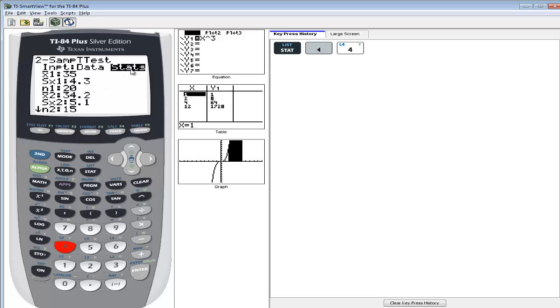We again want stats highlighted since we're given summary statistics. If you're given raw data, you would put your first population, first sample data in L1 and your second population, second sample in L2. And then you come back here and you wouldn't have very much to enter. But with summary statistics, we actually just enter them in.